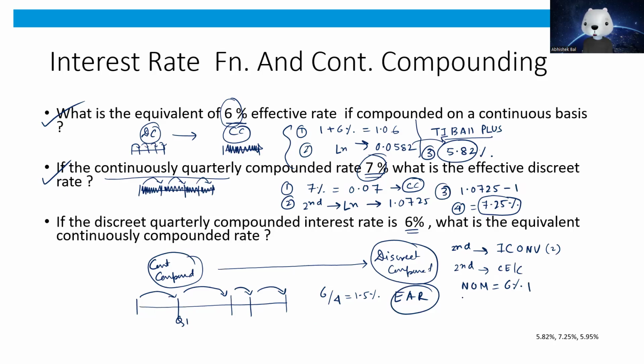Press the down key once. You're going to get the EF. It is going to be shown as a 0 by default. Ignore it. Press the down key once again. You're going to come back to the compounding frequency of C/Y. Put the C/Y compounding frequency as 4. And then press the up key once. You're going to come to the effective interest rate and then press the CPT button.